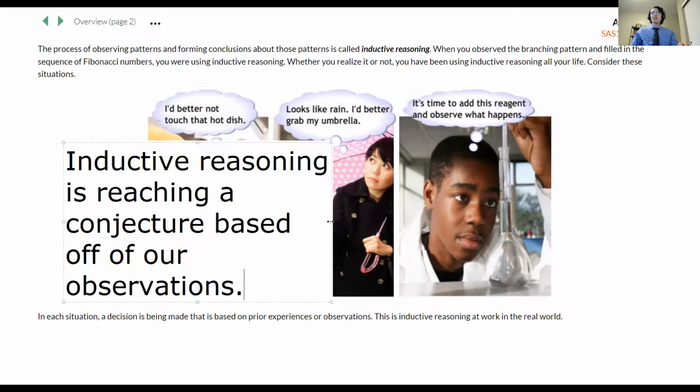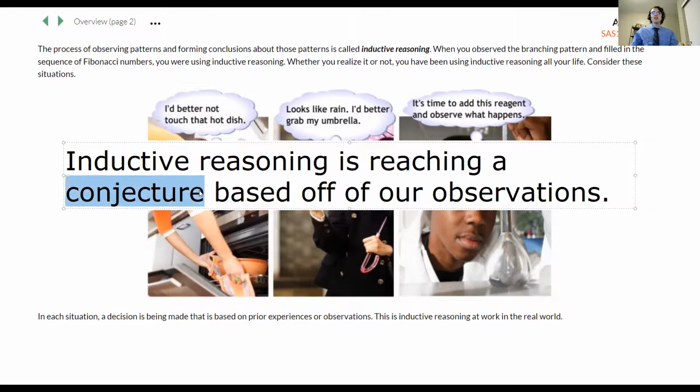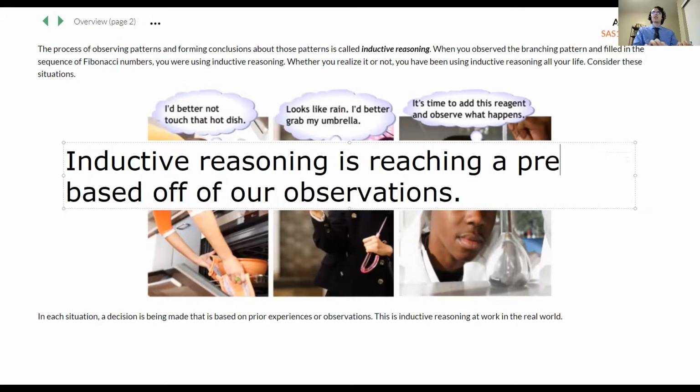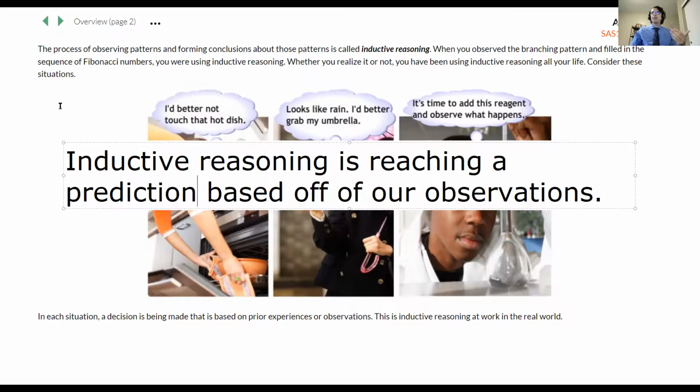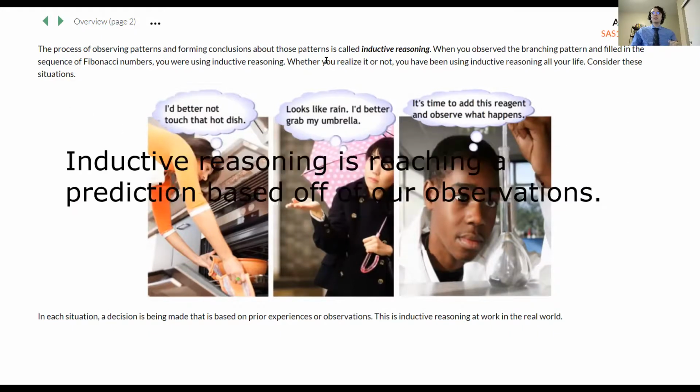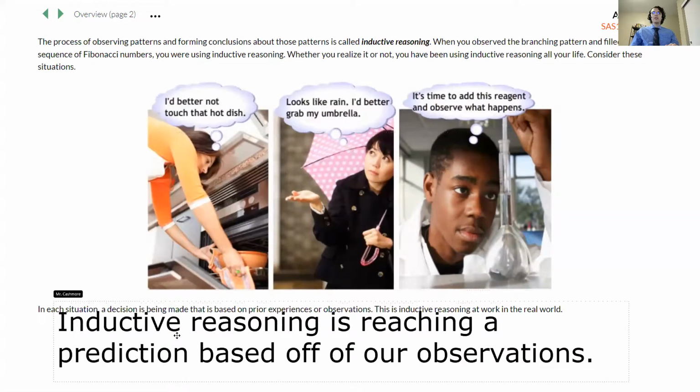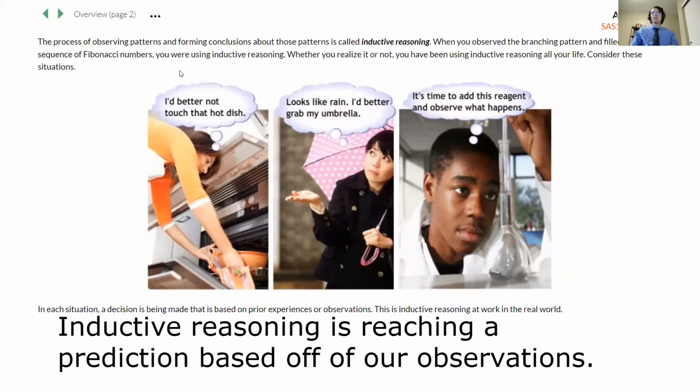What is a conjecture? Well, a conjecture is a prediction, right? So it's not perfect. We don't know it's necessarily going to be true, but we can guess. We can say it's probably going to be true. It's probably based off of what we've seen. And you do this all the time without even knowing it.